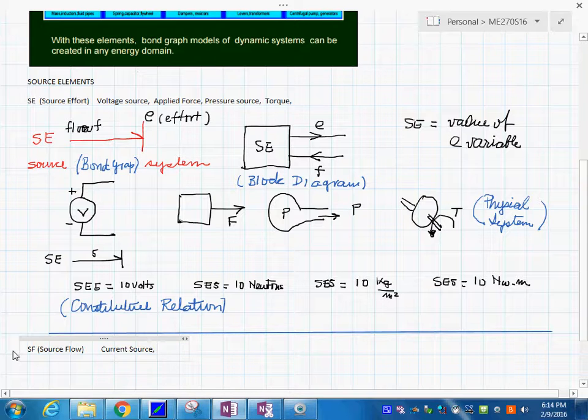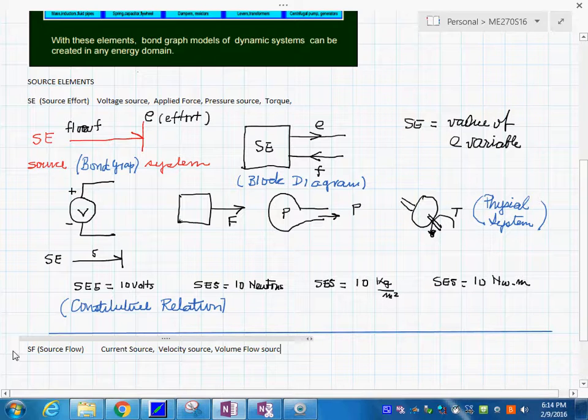So I want to help you recognize the elements and also the symbols that apply to each one of them as they apply, as we see in the different energy domains, and in the different ways that we represent this.